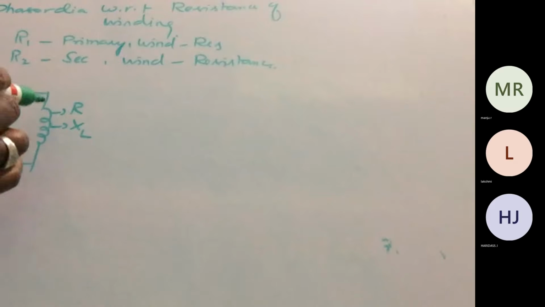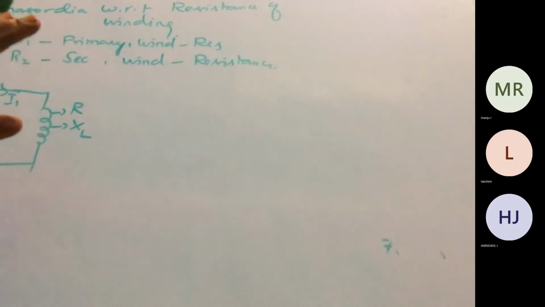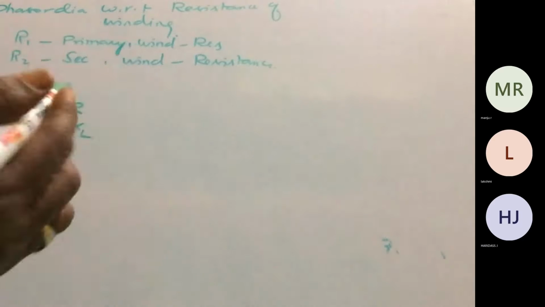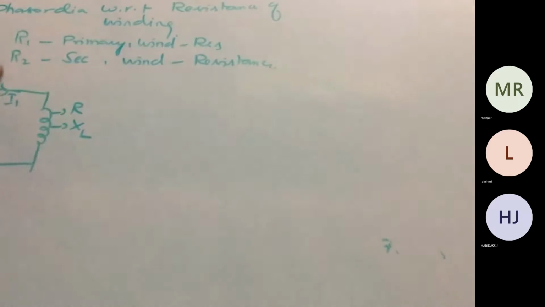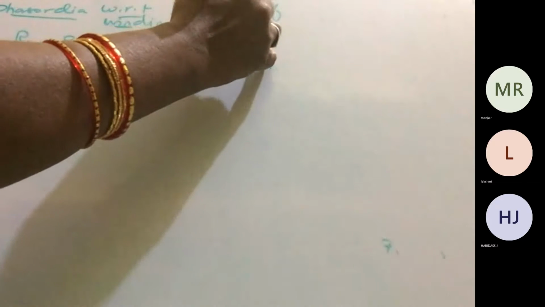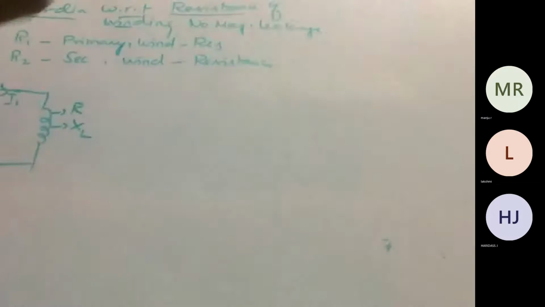Here we are considering only the resistance, not the reactance, so we are taking the phasor diagram with respect to the resistance of the winding, with no magnetic leakage.